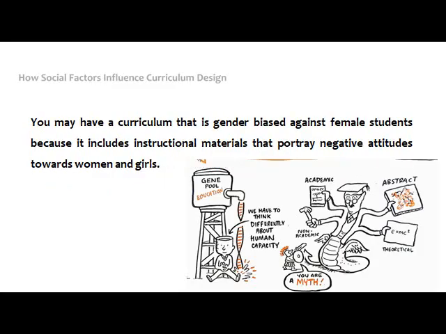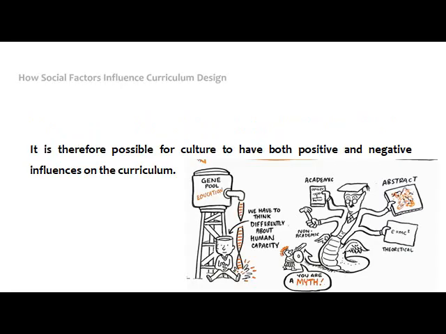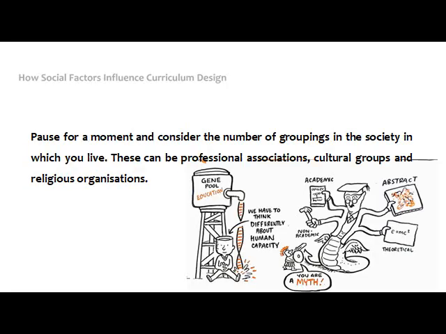You may have a curriculum that is gender biased against female students because it includes instructional materials that portray negative attitudes towards women and girls. It is therefore possible for culture to have both positive and negative influences on the curriculum. Pause for a moment and consider the number of groupings in the society in which you live.